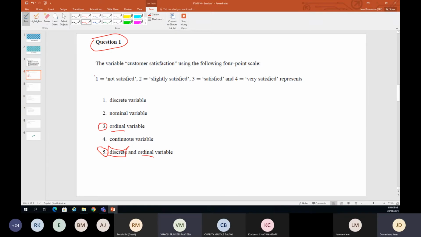So this 1, 2, 3 and 4 are not discrete variables, so it is definitely not discrete. The only one that is left is ordinal. So 100%, there's order in the categories. That is why it is an ordinal variable. Everybody happy with that argument?